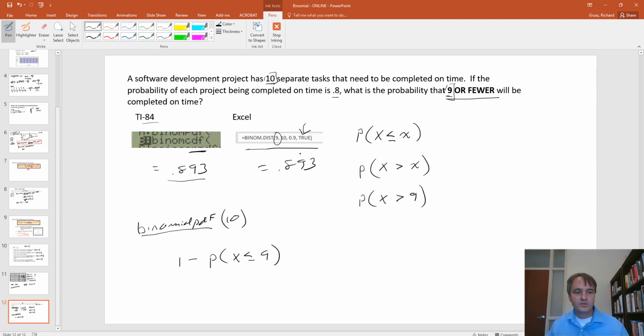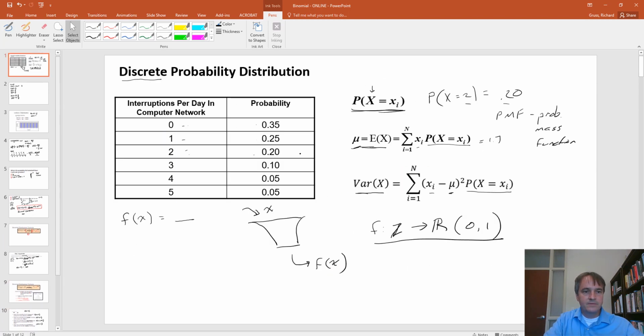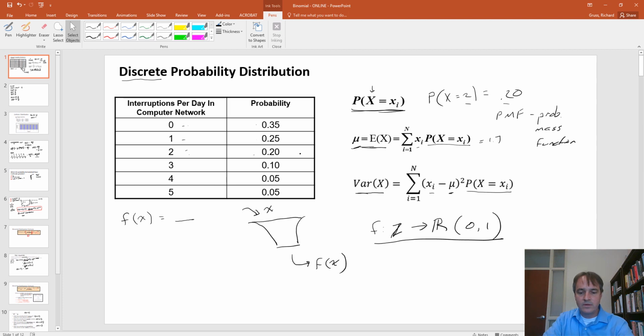All right. So we went over the binomial distribution, how it gives you a way to get a probability mass function, sometimes called a probability distribution function.